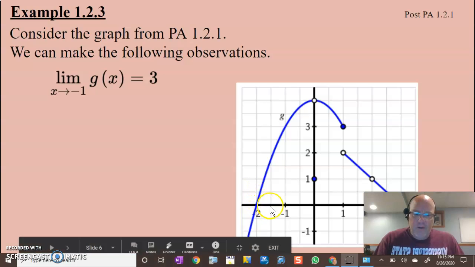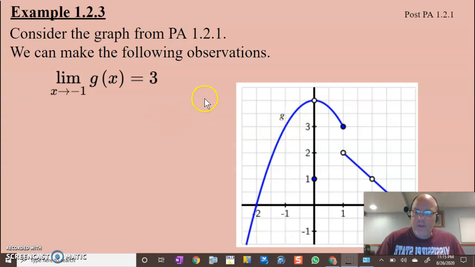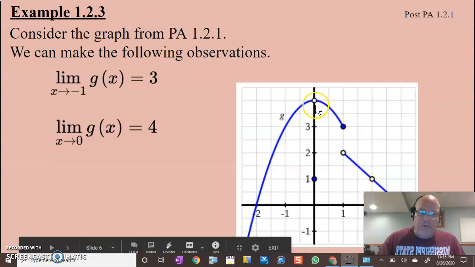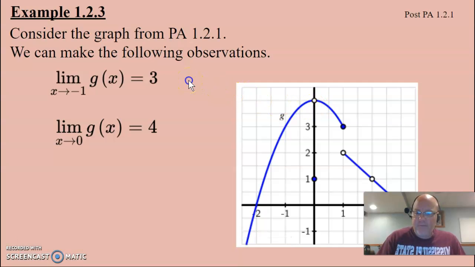So as x gets closer and closer to -1 without actually equaling -1, the output is getting closer and closer to 3. The next statement is that the limit as x approaches 0 of g of x is equal to 4. Well, that's the one we just talked about, so hopefully we're in agreement there.